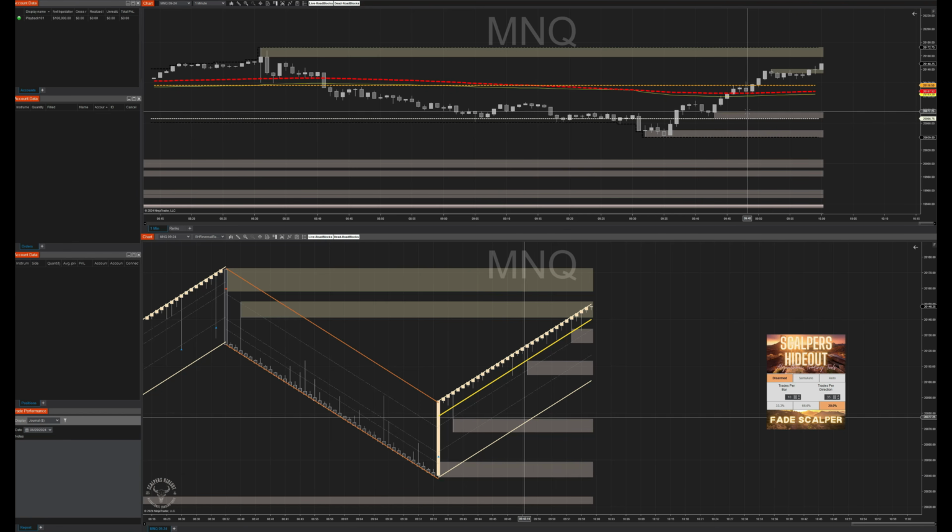I call this the map chart, and all it is is a 1 minute chart with our roadblocks printing on it as well to show support and resistance. If you get some confluence between these two charts, it gives you a little bit more idea of what's going on.